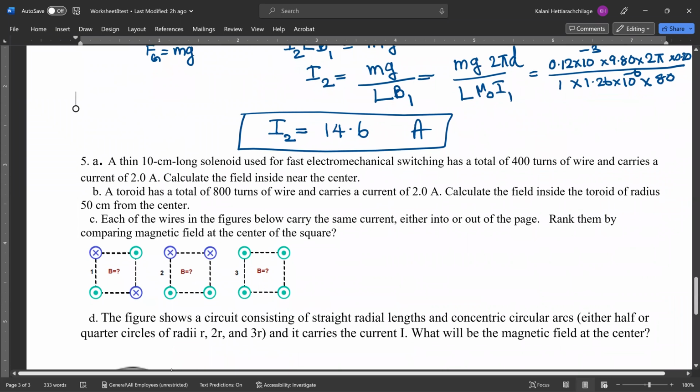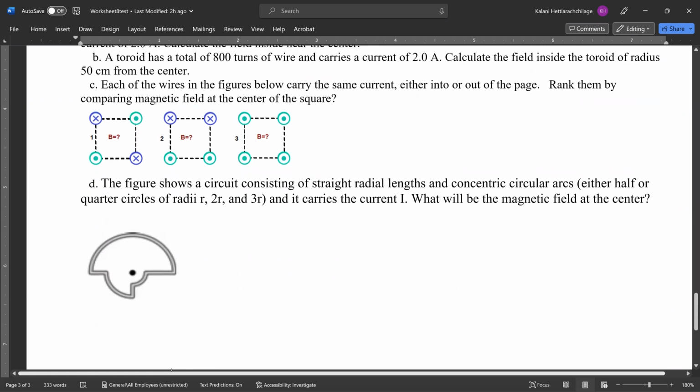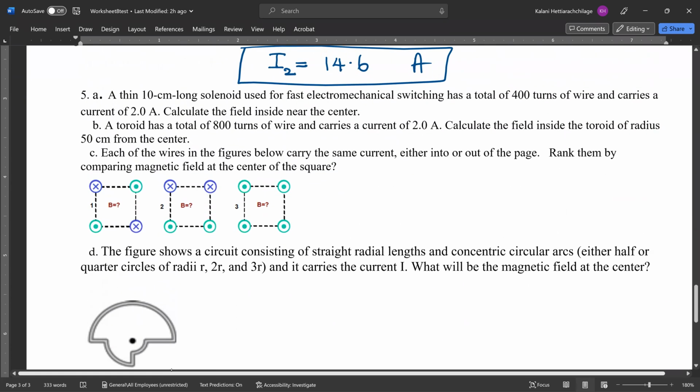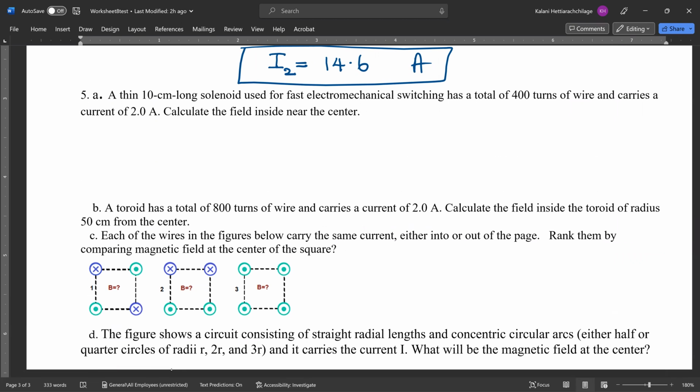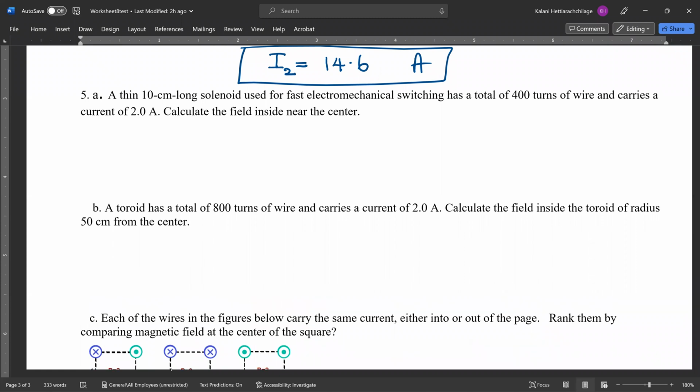So now let's move into number 5. Number 5, part A. Let's make a space in here, that will be easier. Part A, B, we can come back to see later.